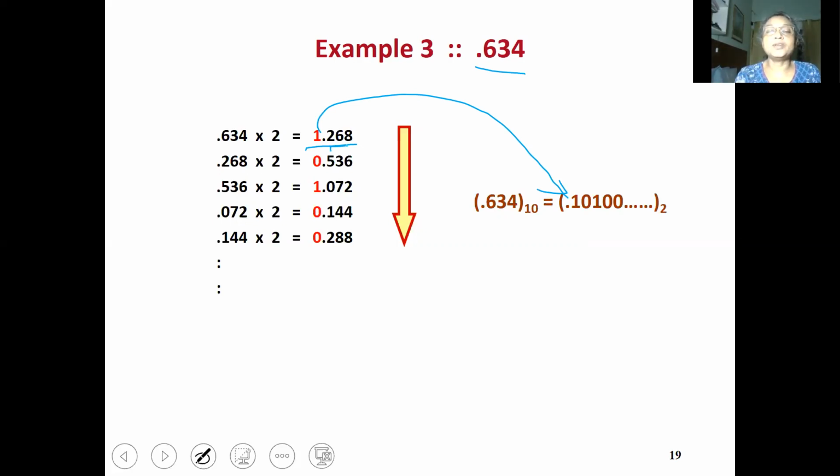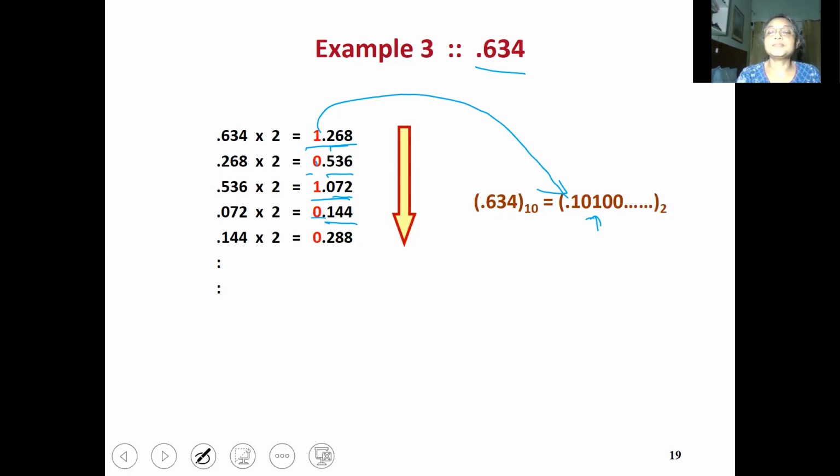We multiply 0.268 by 2 and get 0.536. So this 0 will come here. Then we multiply 0.536 by 2, we get 1.072. This 1 will come here, and we chop this off, we get 0.072, multiply by 2, we get 0.144.